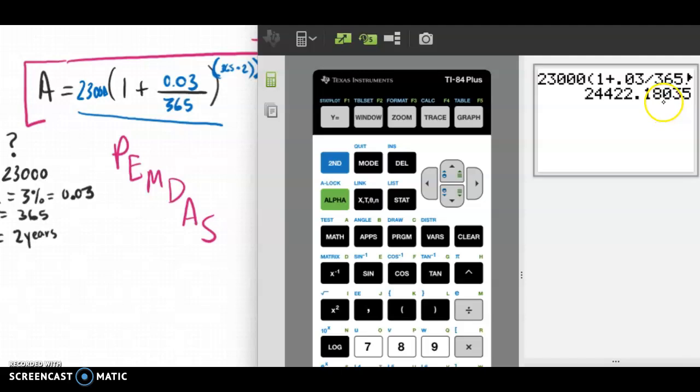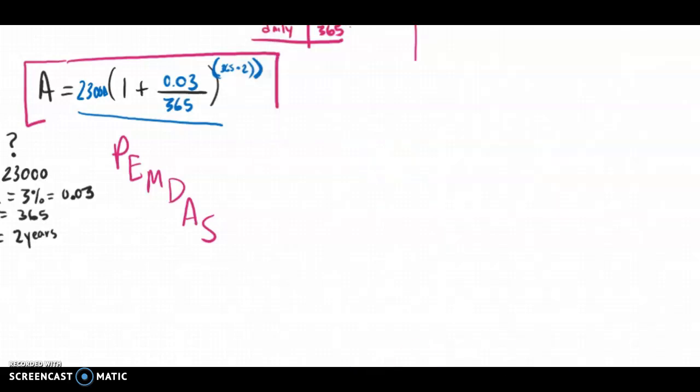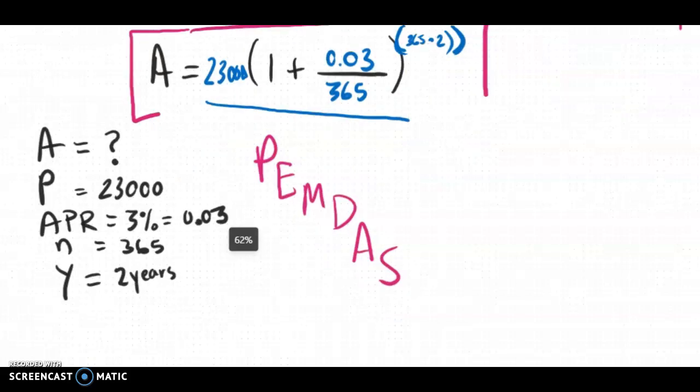24,422 and 18 cents. I'm going to round everything. Typically, unless asked otherwise, I'm going to round to the nearest hundredth. That's the nearest cent. So I'm going to write that on my screen.